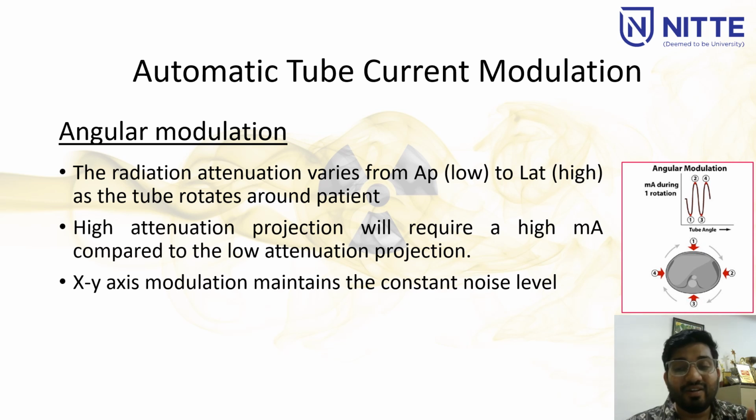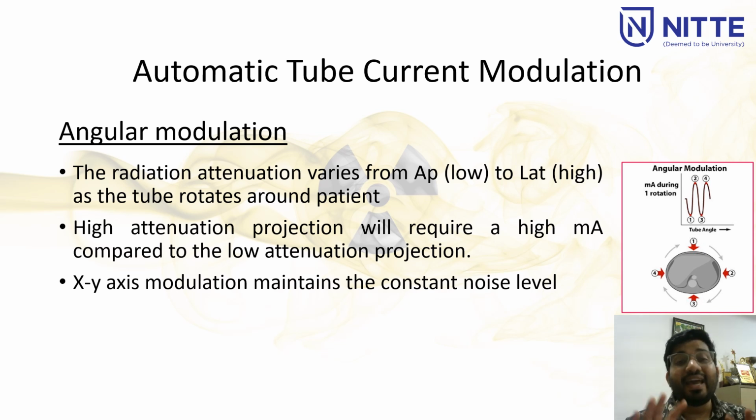So that is the difference. At position 1, the MA is modulated according to the thickness, so it will be less, and while coming to position 2, the MA will be automatically modulated to a higher level, which is needed to pass through a greater thickness. Again at the third, the direction is from posterior to anterior, it will reduce, and again at the fourth it will increase.